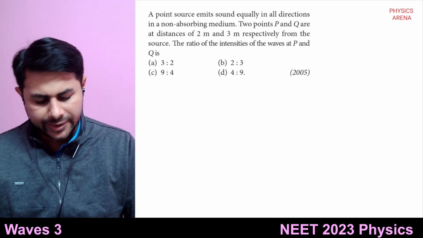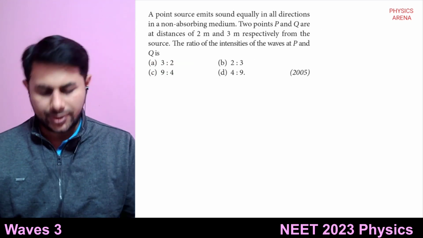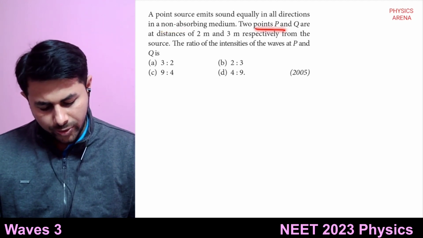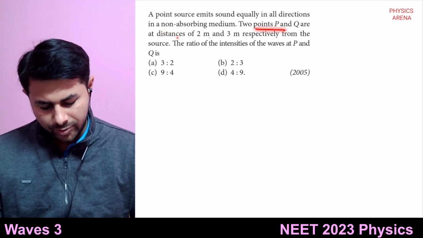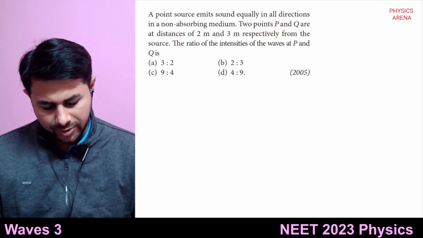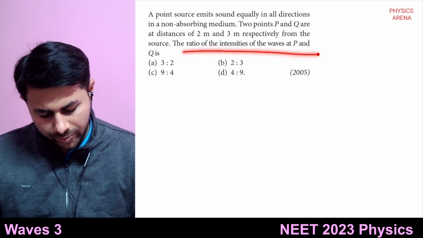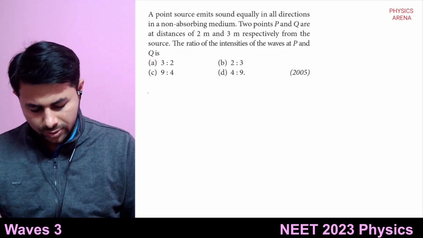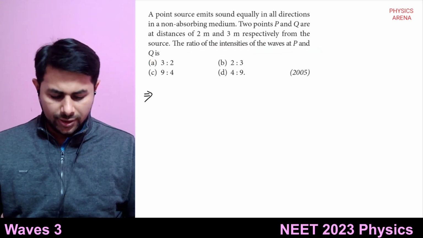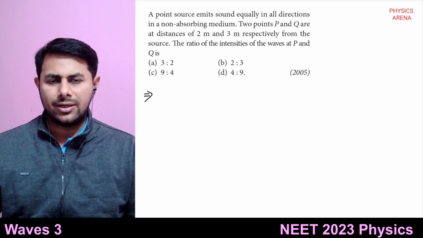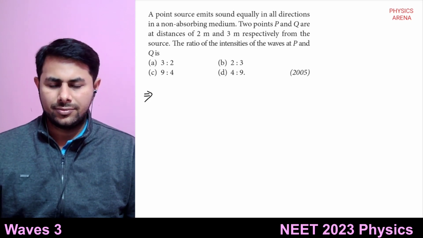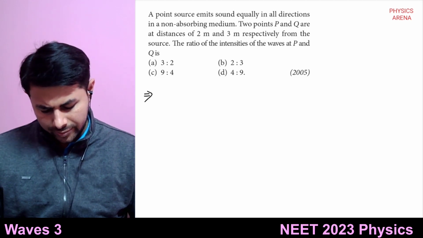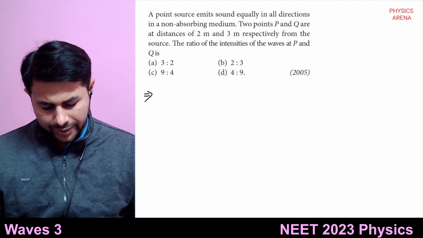A point source emits sound equally in all directions in a non-absorbing medium. Two points P and Q are at distances of 2 meters and 3 meters respectively from the source. The ratio of intensities of waves at P and Q is. As we discussed, intensity falls off inversely as r square. So what will be the ratio at 2 and 3 meters?